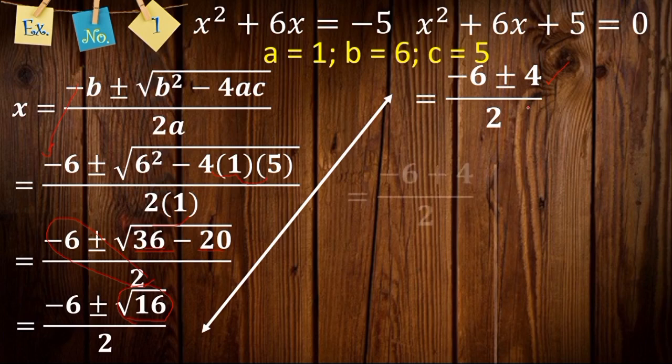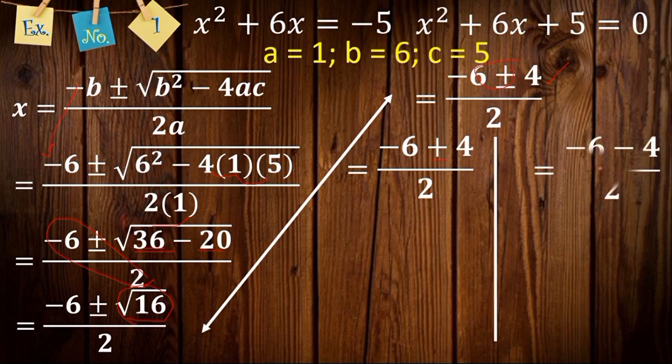Next, since we have plus and minus here, all we have to do is separate them. So we have plus 4 and then we have minus 4 here. Proceed. Negative 6 plus 4 is negative 2 over 2, and negative 2 divided by 2, x is equal to negative 1.